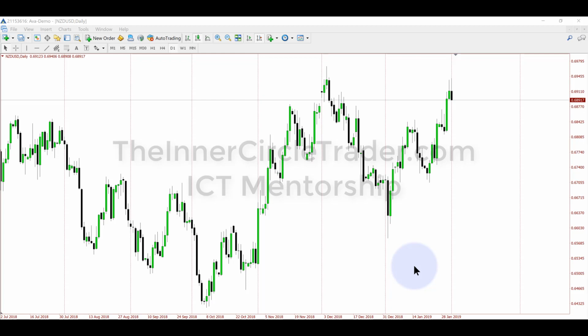If we look at the New Zealand dollar, this is a daily chart of this particular pair, and we're looking at the elements of premium to discount. Okay, so you want to be able to utilize the PD array matrix in deference to where we are relative to a premium or discount.